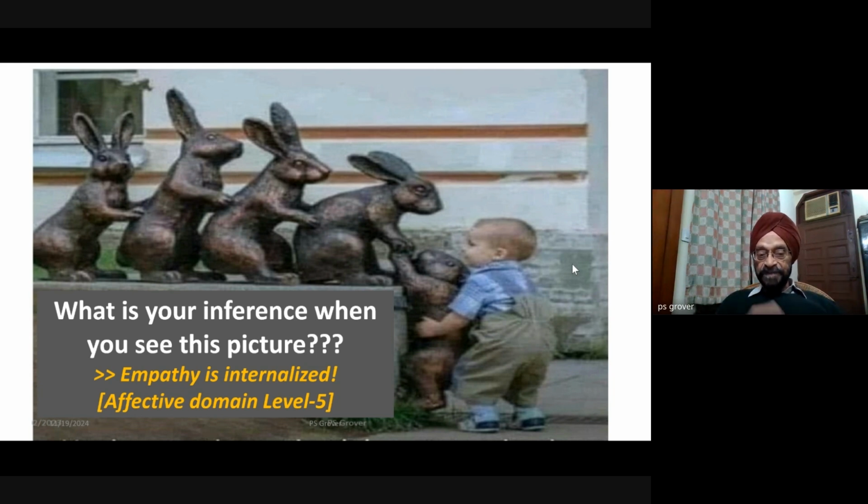Now, what is your reference when you see this picture? Empathy is internalized, is characterized in the child by nature. Nature has given us these attributes, these characteristics, these qualities, but as we grow, they change. They change because of environment, because of experience, because of the way we have been brought up.